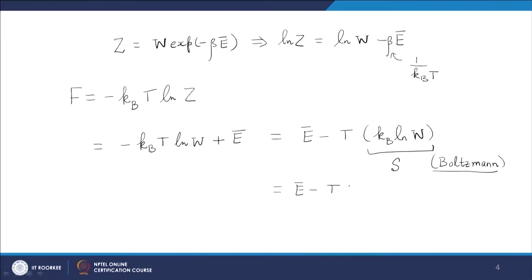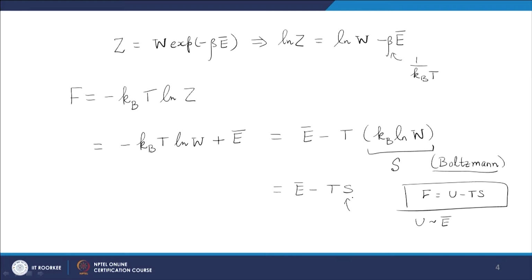So, now you can see this expression we have is E bar minus TS. You can compare to the standard thermodynamic expression F equal to U minus TS, and note very clearly that U is basically my E bar and TS appeared as it is that we had there.